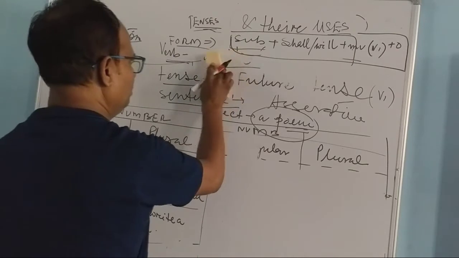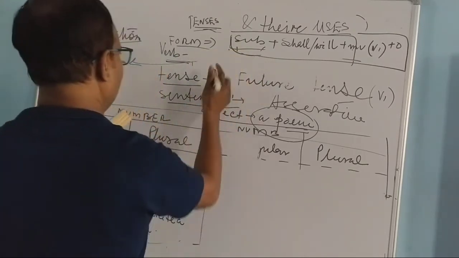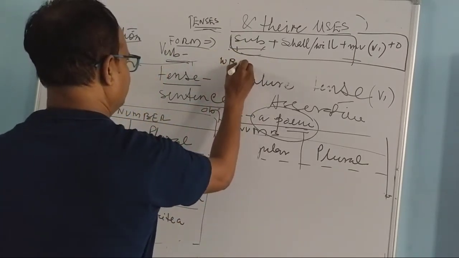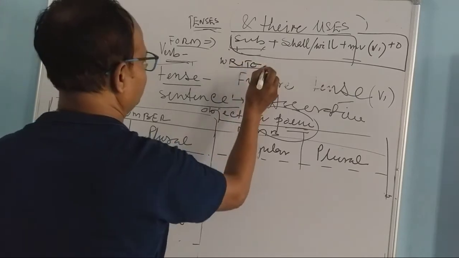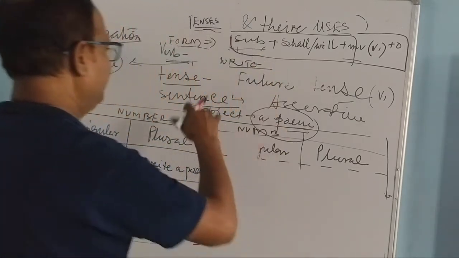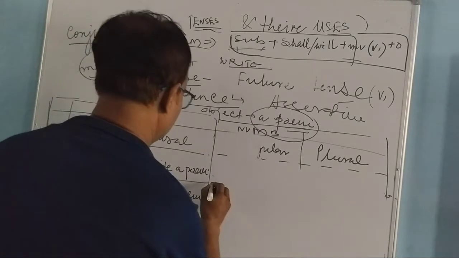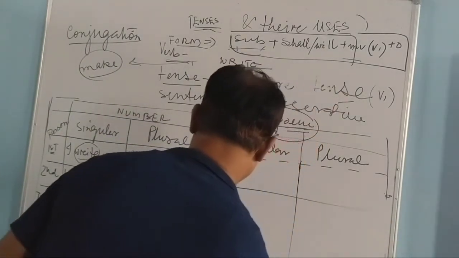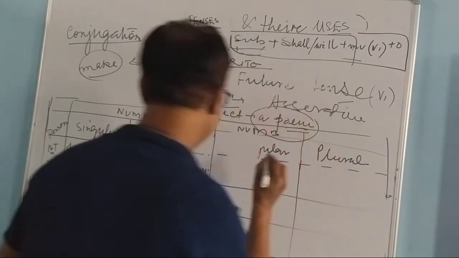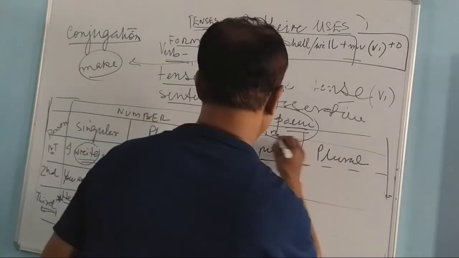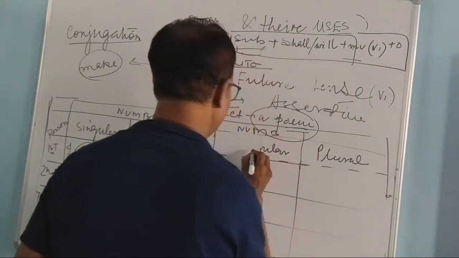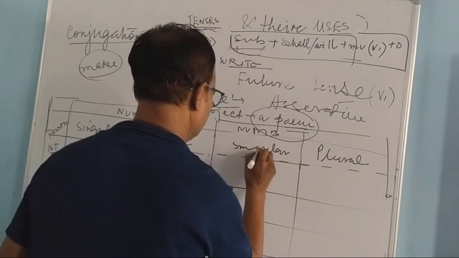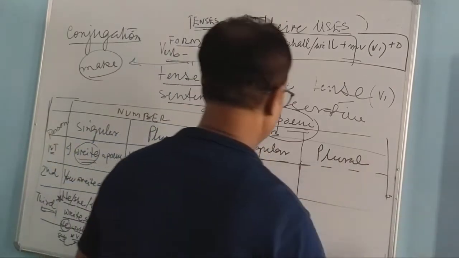The verb here will be write, the first form, and accordingly we will make changes here too. Let us see the changes now. So this is a singular, this is a singular, and this is a plural.